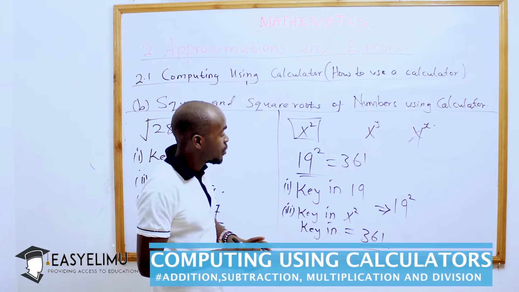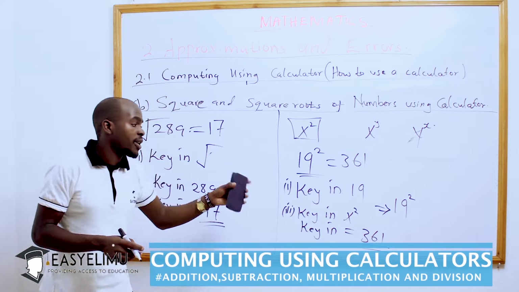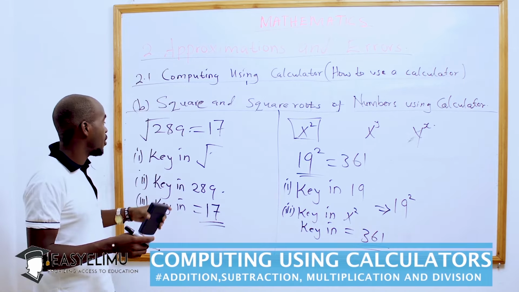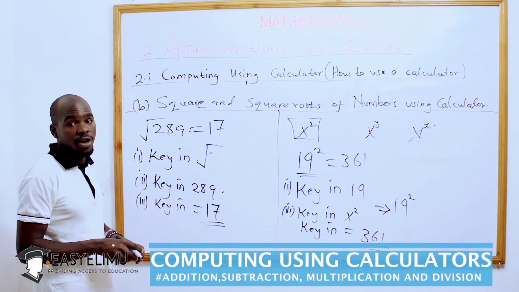That is what we shall be using: we find the square by pressing that key after pressing the number, and for the square root, we press the square root key first.